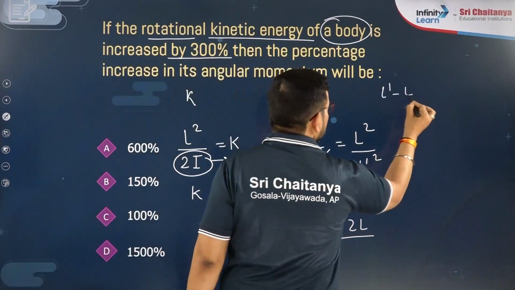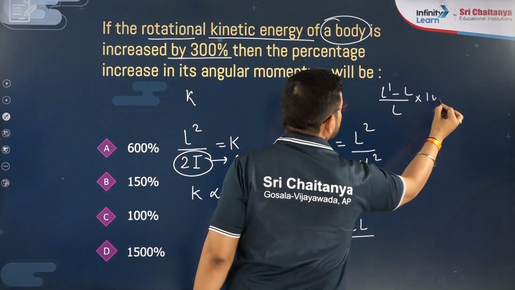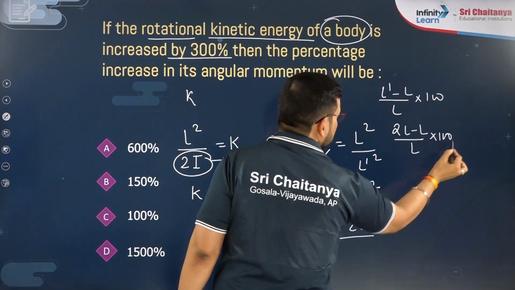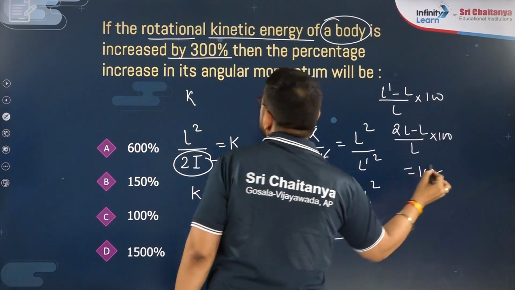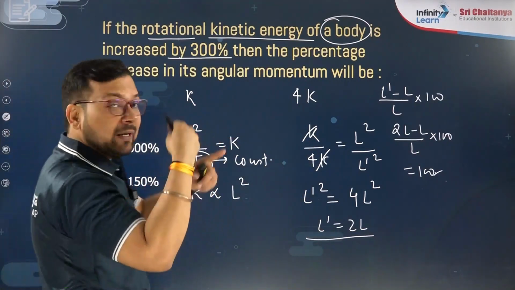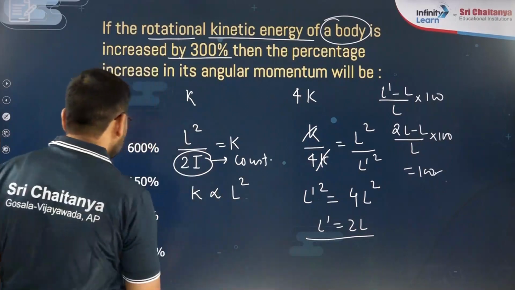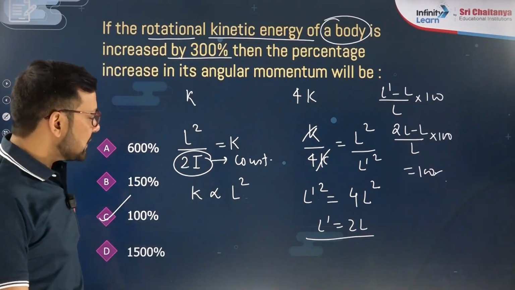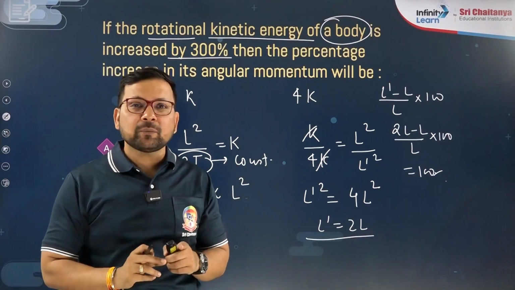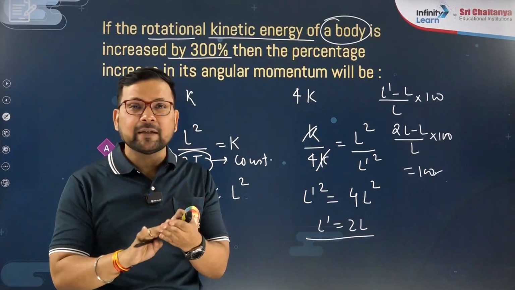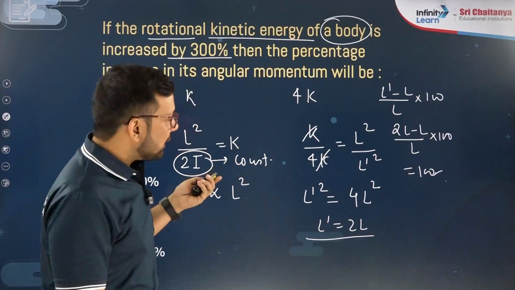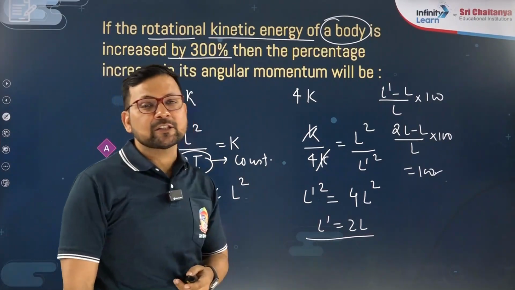L dash minus L by L into 100, that is 2L minus L by L into 100, and that will be 100%. The question is asking the increase in angular momentum, not the final angular momentum, only the increased portion, that will be 100%. Got this? Again, see how we are doing the question. We are looking in the question, picking the quantity, rotational kinetic energy, L, I, how they are related, and on that pattern. This kind of pattern you have to develop to practice these kind of questions.